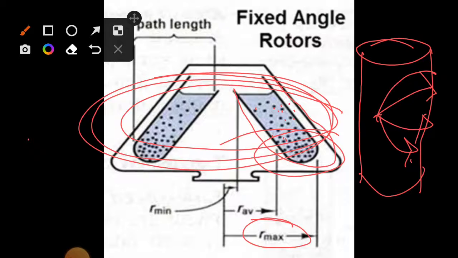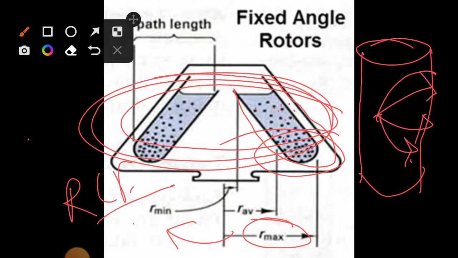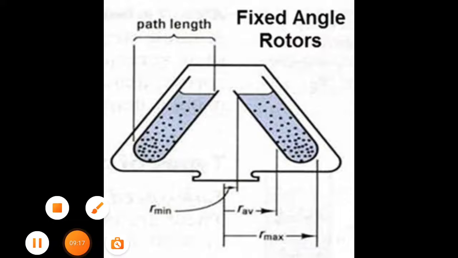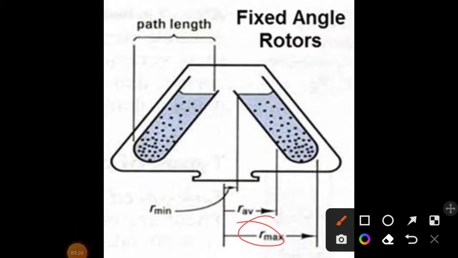This Rmax we are going to see in the case of relative centrifugal field, which depends on the type of rotor we have used, the size of the rotor, and the speed at which we have operated our system; there can be different centrifugal fields. So instead of considering the normal centrifugal formula, scientists thought to consider the Rmax value to bring standardization. In a fixed angle rotor, the Rmax value is the distance from the axis up to the bottom of the tube, as you can see.